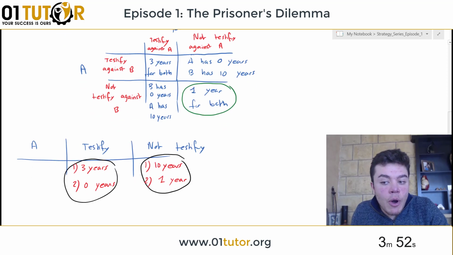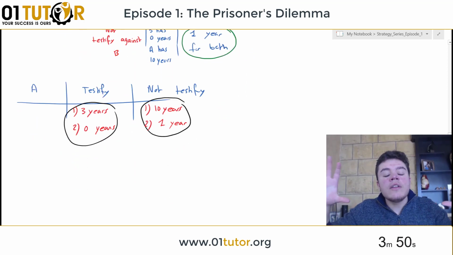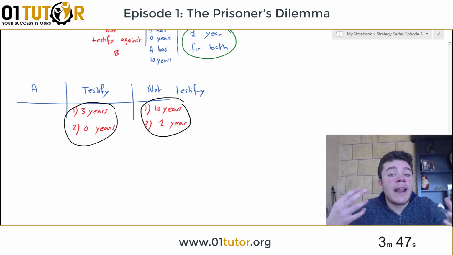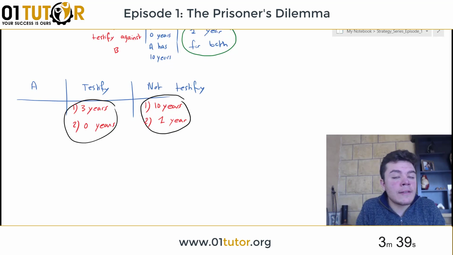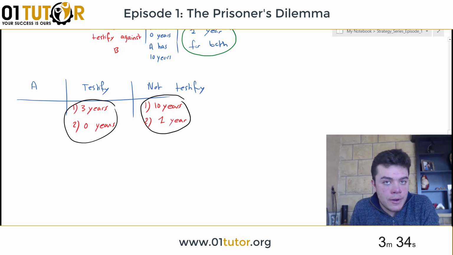But from the perspective of one of them, assuming that both prisoners are rational, they are acting upon their rationality, they're not acting upon emotions, and assuming that both of them are not allowed to talk to each other, what's going to happen is that the final result would be that they would both testify against each other.